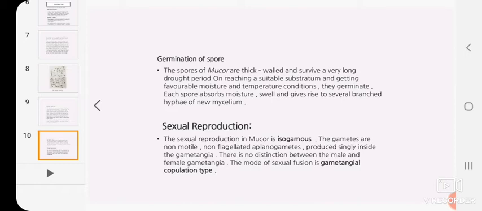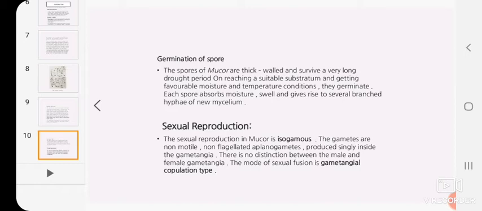That means there is some distinction between two different types of mycelia which are involved in gametangial copulation. And we can say that one of the mycelia belongs to the positive strain and the other belongs to the negative strain.